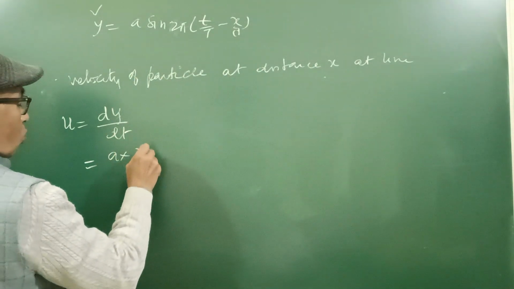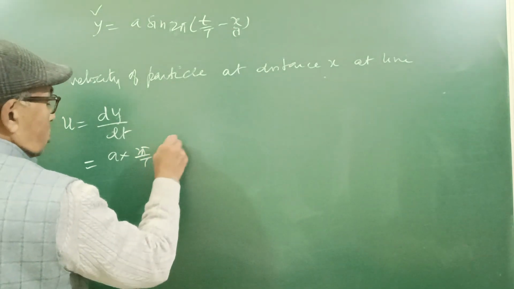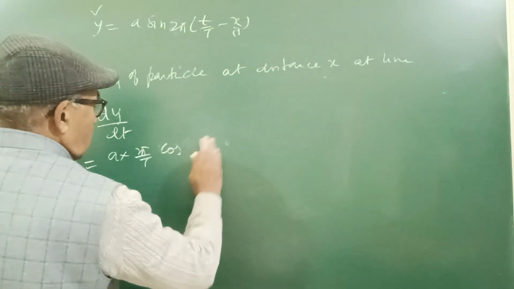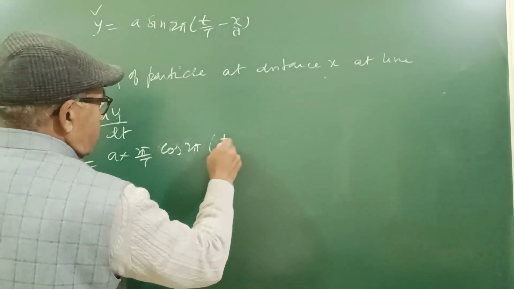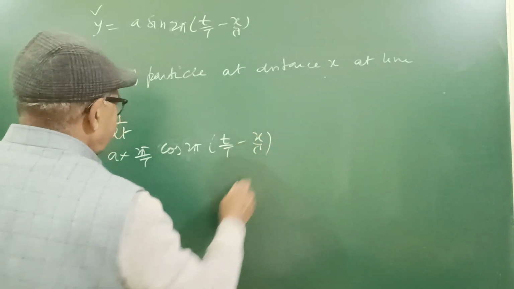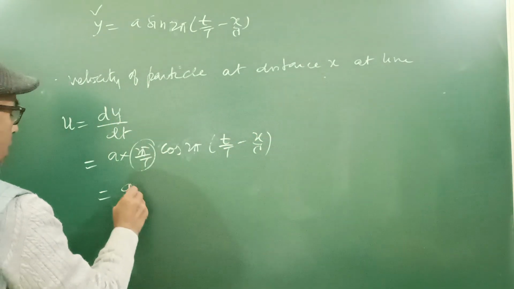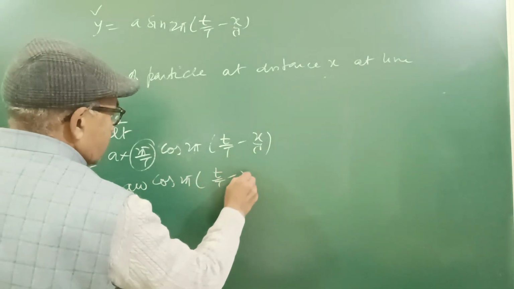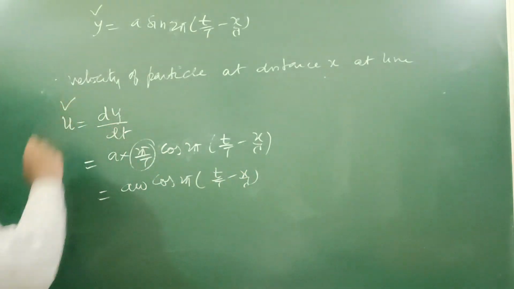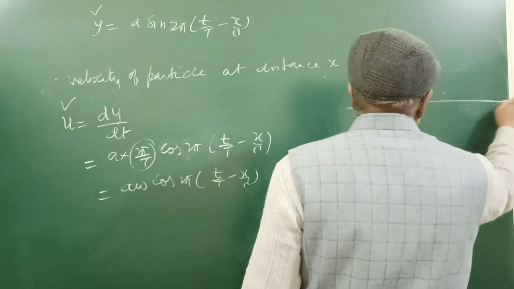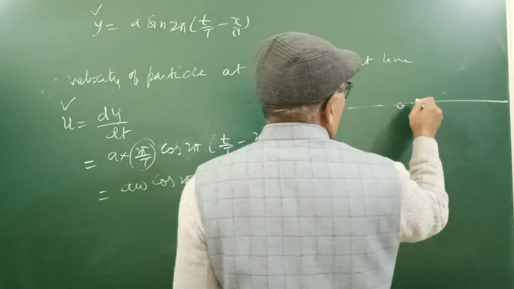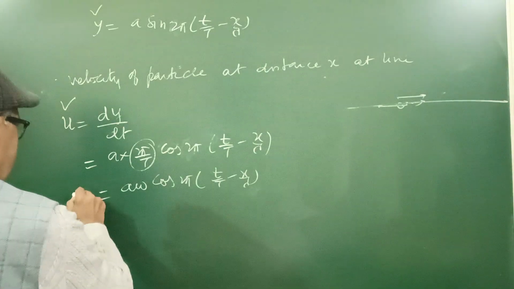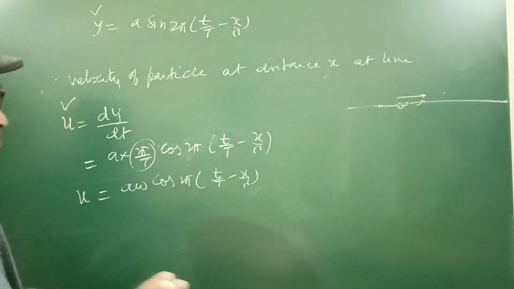If we differentiate this, we will get a into 2 pi upon T cos 2 pi, it is omega, a omega cos 2 pi t upon T. This u is the velocity of the particle which is oscillating here. Maybe oscillating this way or this way, but velocity at this. And this equation tells that velocity changes with time periodically.